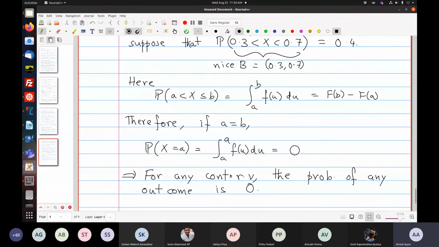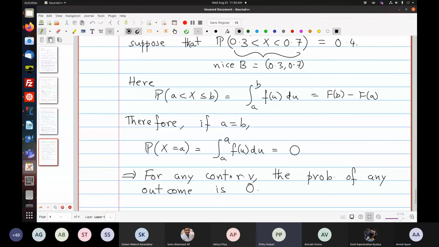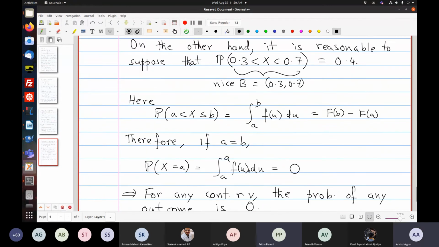Sir, how are we extending the above equation to the latter one? Because in the above equation we have A less than X less than or equal to B. That's true.